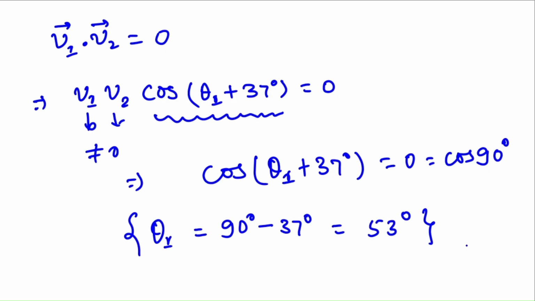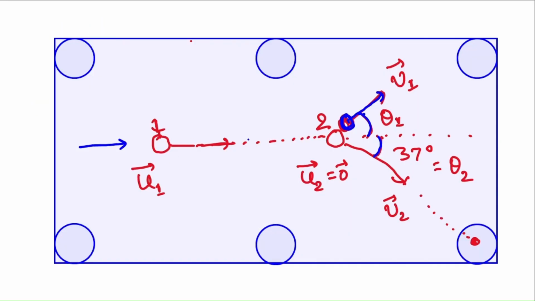One thing you can guess here, or you can see clearly, is that in this particular scenario where two balls are of equal masses and they are going under elastic collision, after collision they make an angle of 90 degrees, meaning their velocities make an angle of 90 degrees to each other.